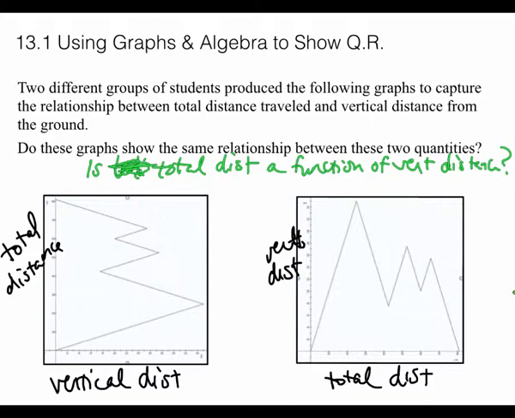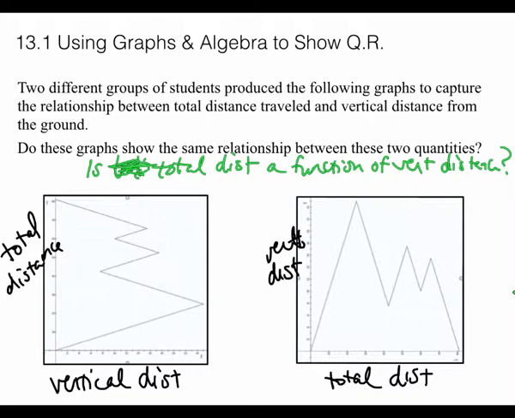So like that first 20, right there. And that was the input, 20 was the input, thinking about vertical distance having a value of 20. Then that input would have another total distance as the output. So that can't be a function.